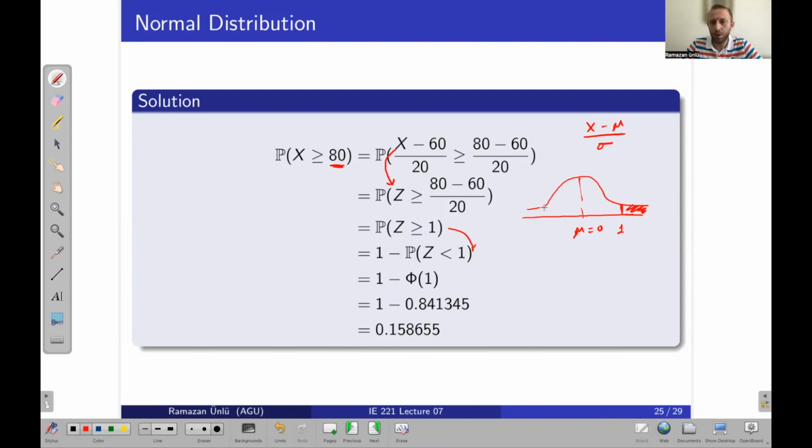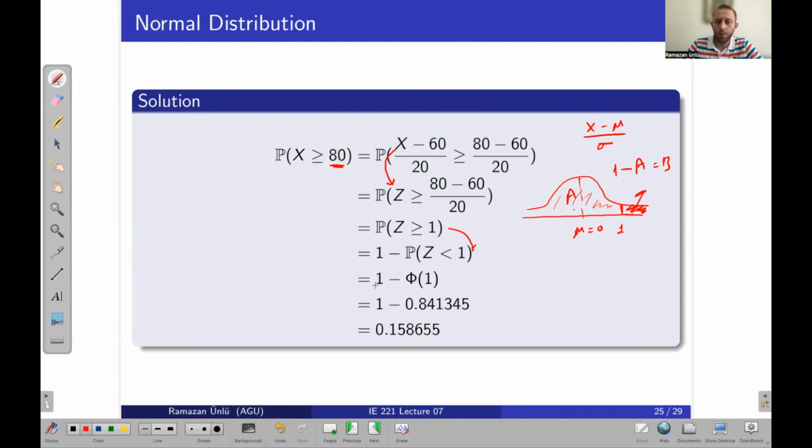So how can I find this one? The total area is 1, and I'm given this part, let's say a. 1 minus a will give us this part, let's say b. So the same logic here: this is equal to 1 minus the probability that Z is less than 1.